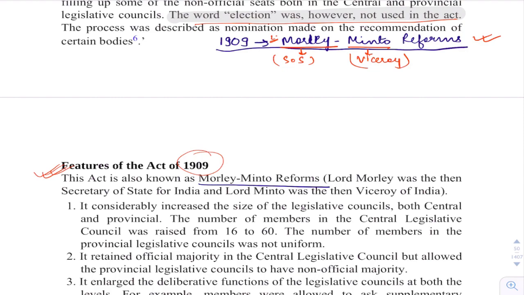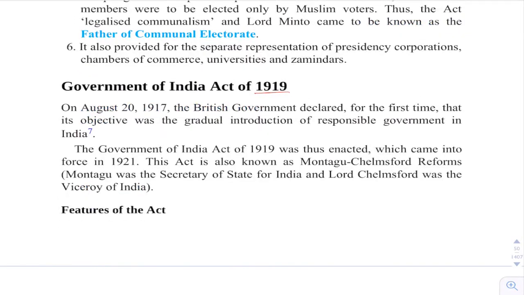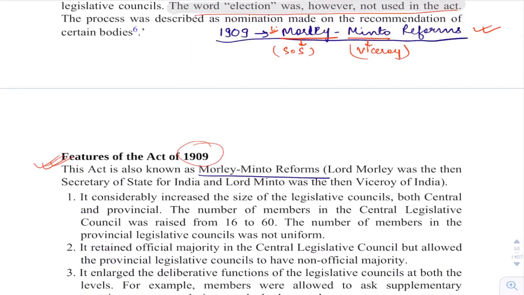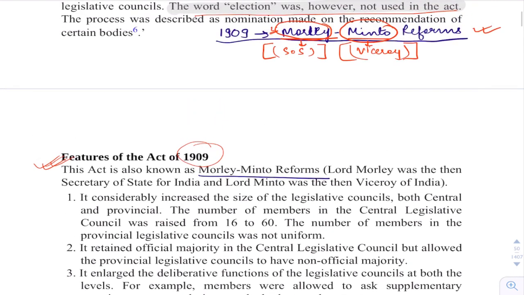Whenever you see the name of certain acts in this reform manner, like Morley-Minto reforms, or for 1919 the Montagu-Chelmsford reforms, the first name is the Secretary of State, and the second name is the Viceroy of India at that particular time. Okay, so we will see the features now.